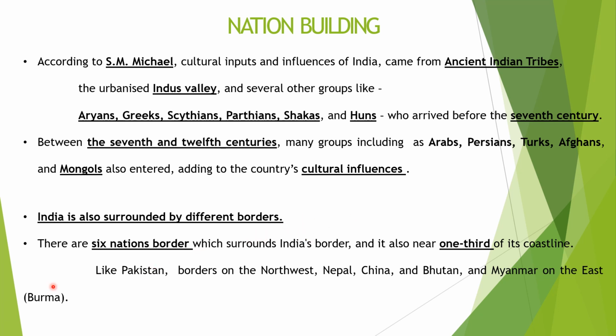India simultaneously is also surrounded by different borders. There are six nation borders which surround India, and it also has one third of its coastline. Like Pakistan borders on the northwest, Nepal, China, Bhutan, Myanmar on the east, which we also say as Burma.